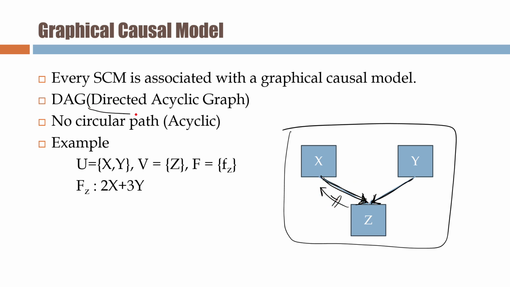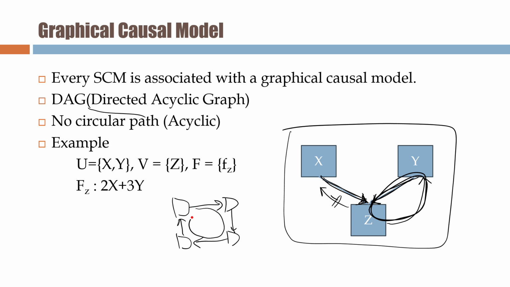That's why it's directed. And acyclic means it's not having any loop. If this one goes here, then you can have a loop here, right? Or if you have like four of them, this goes to this, this goes to this, and this goes to this, this has a loop.